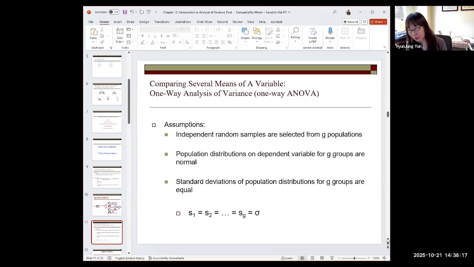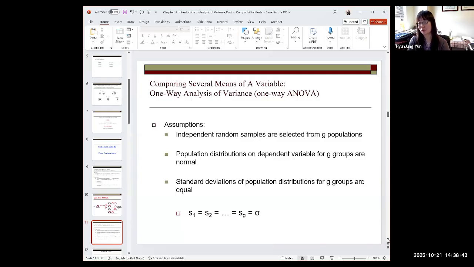Also, each group, on whatever dependent variable you are testing, should be normally distributed. So the dependent variable for each group is normally distributed.